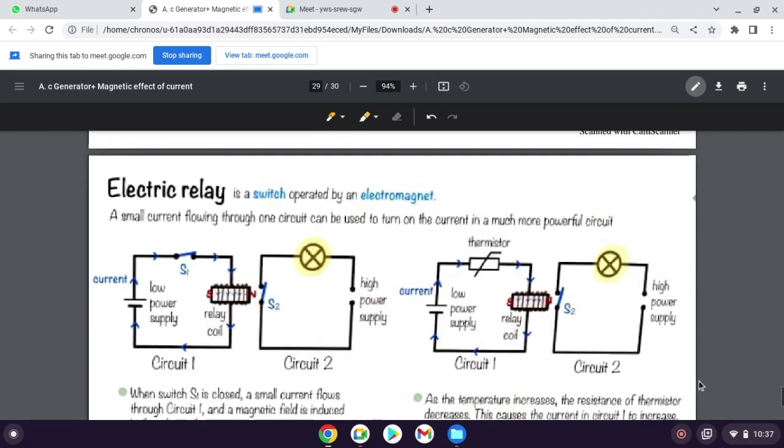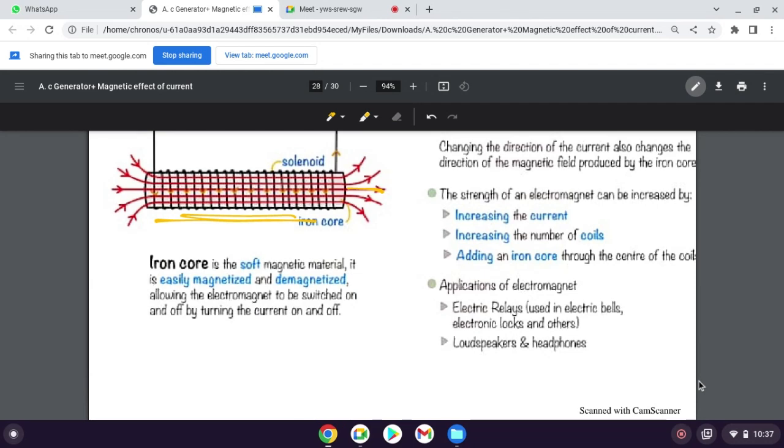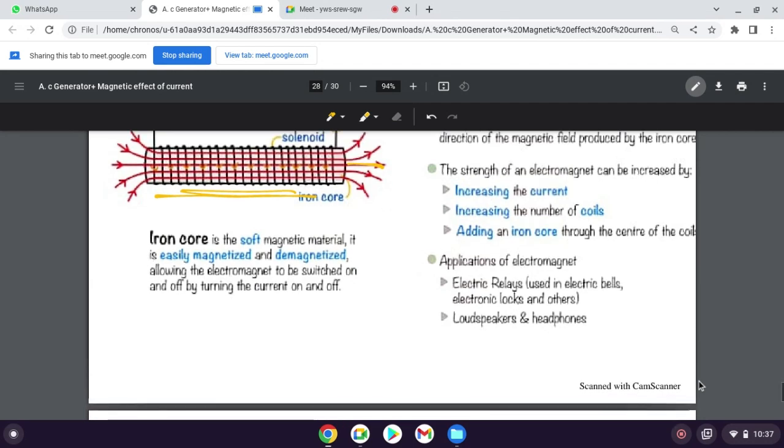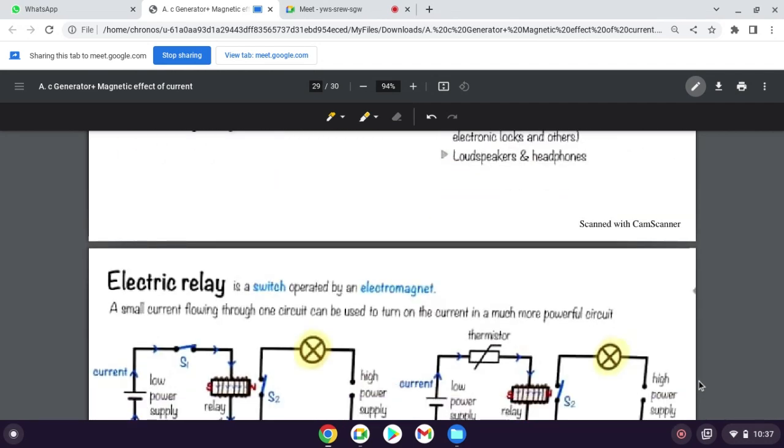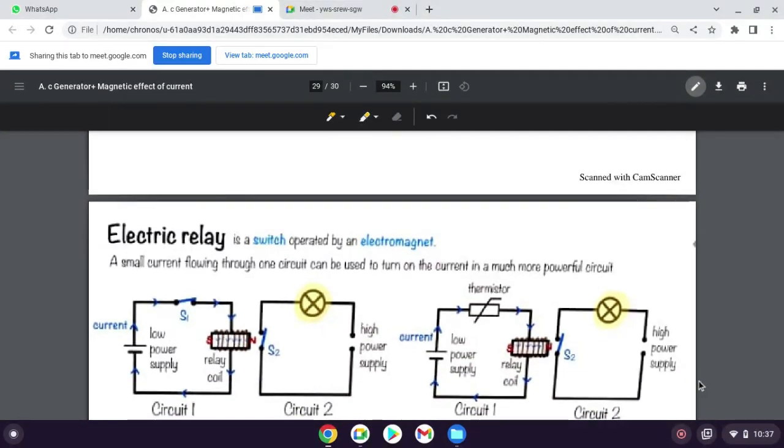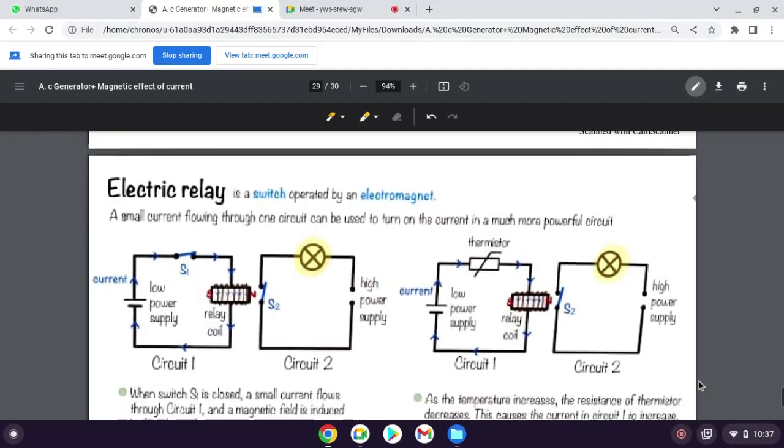Now I give you an example of electric relays. We have to get the idea of what this thing is that we use in our daily life. So an electric relay is a switch operated by an electromagnet. A small current flowing through one circuit can be used to turn on the current in a much more powerful circuit. For example, this is circuit 1.